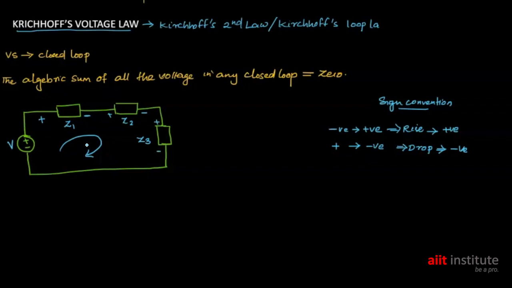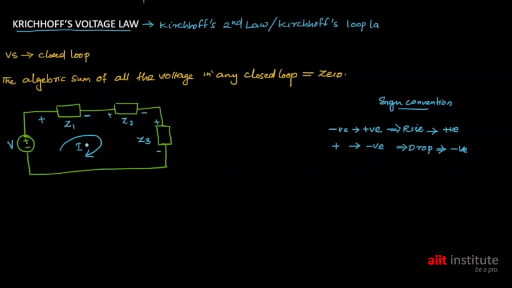And we know one thing, whenever a current I flows through a circuit and passes through a passive component, there will be a voltage drop.